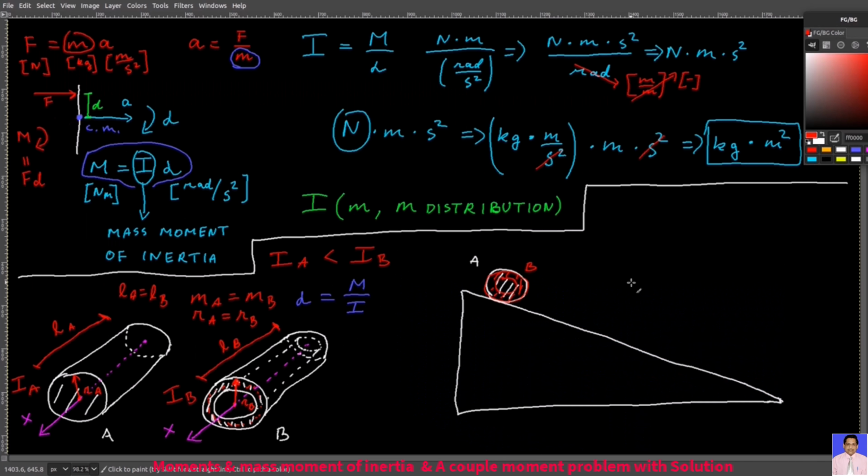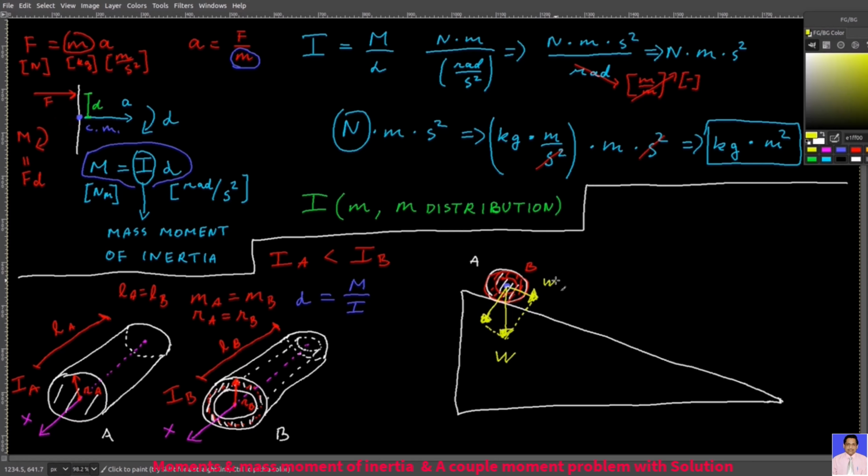Why is it like that? Both of them have the center of mass in the middle of the cross section. Both of them have the same force of gravity because both have the same mass. In fact, let's just call it the weight. Now we can decompose this weight parallel and perpendicular to the ramp.